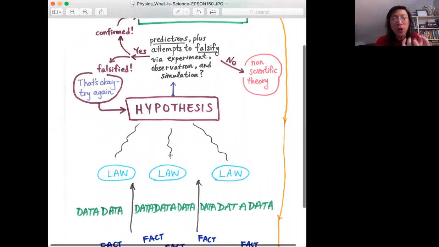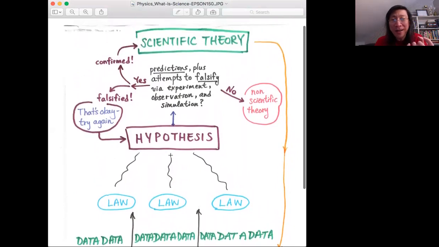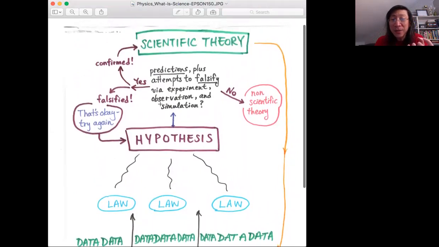But the actual cause, the actual meaning, the actual reason why that happens still needs to be tested, still needs to be hypothesized, still needs to be shown whether it is confirmed or whether it's falsified. And maybe the bigger idea of what the scientific theory is needs to go back to the drawing board over and over again to find out what it actually is. That, however, is a conversation for another lecture.